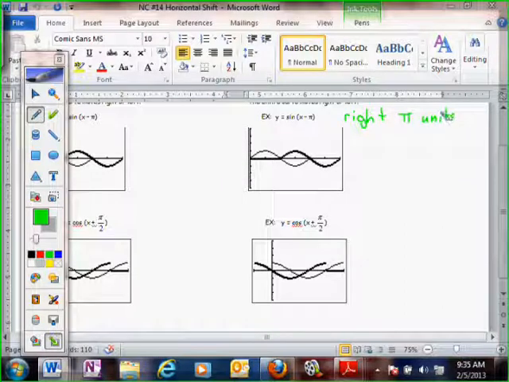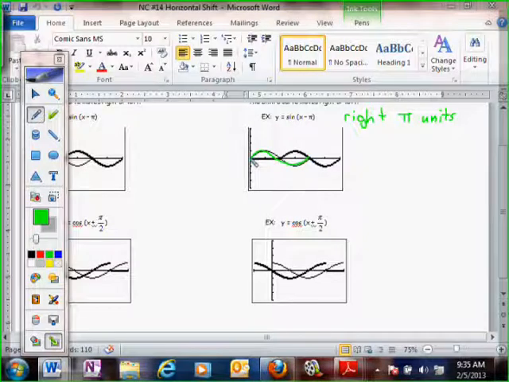And don't let that trick you, because remember, our number line is going to be in pi units. Now, we have our original sine curve here, the thin one. I'm going to outline it in this color. And remember, my period of sine is 2 pi. So it starts at 0, then pi halves, and then pi, and 3 pi over 2, and then 2 pi.